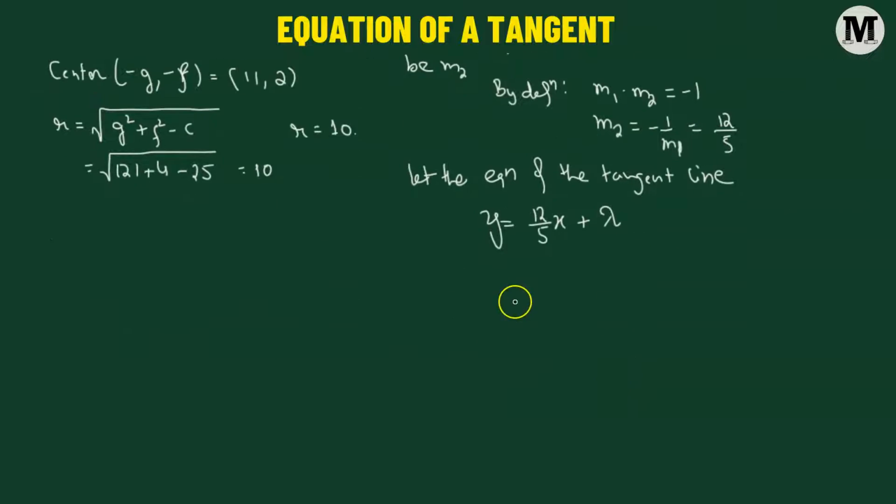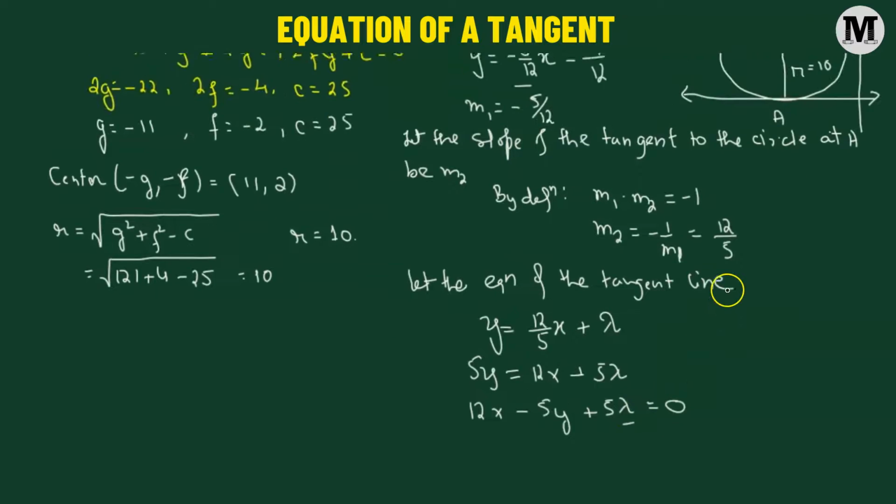Now we rewrite this equation in general form. We have 5y equals 12x plus 5 lambda, or simply 12x minus 5y plus 5 lambda equals 0. This is the equation of the tangent line. Our next task is to obtain the value of lambda. Okay, so let's do that.